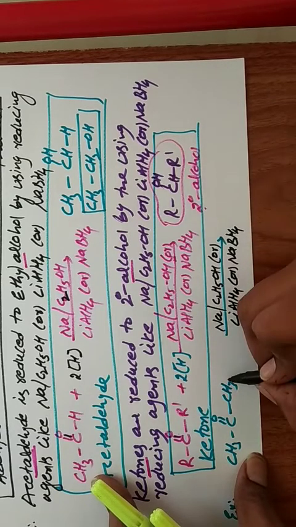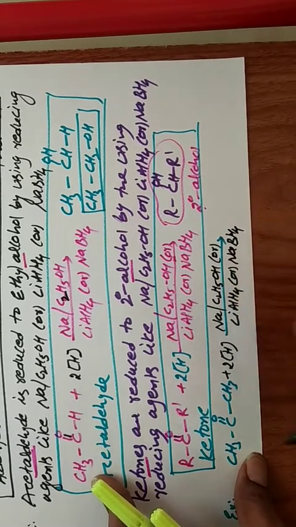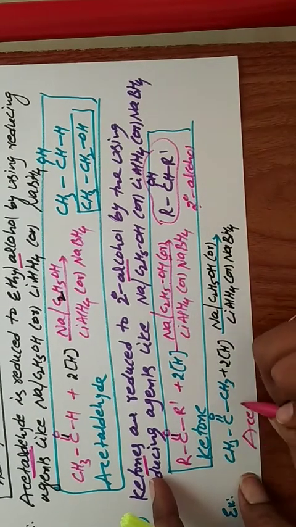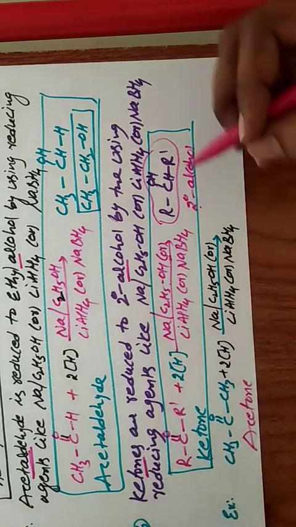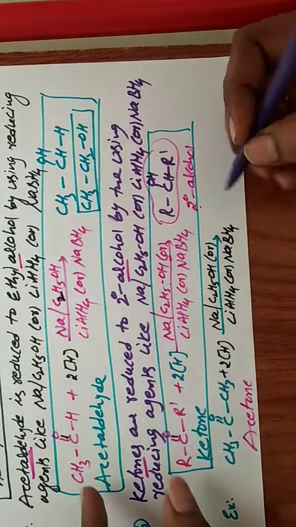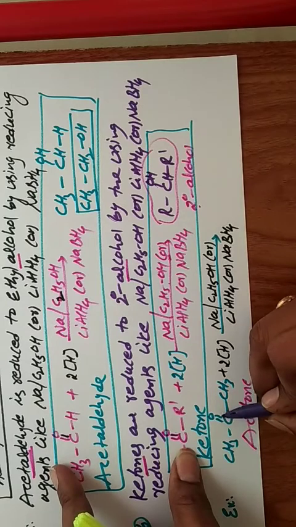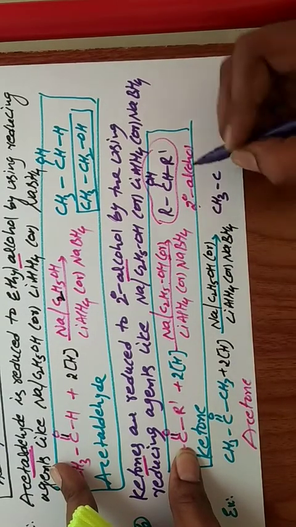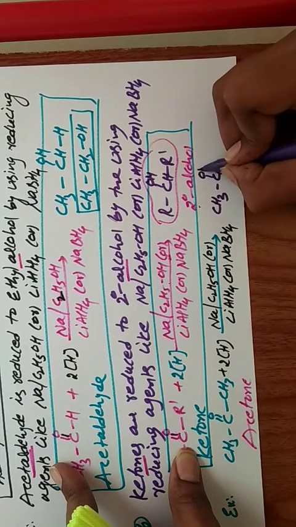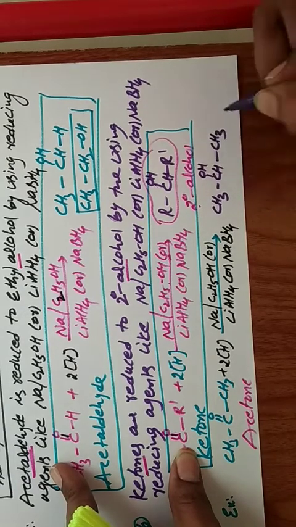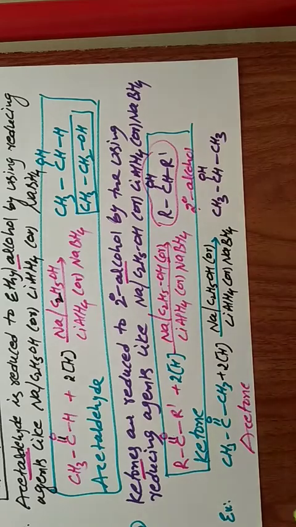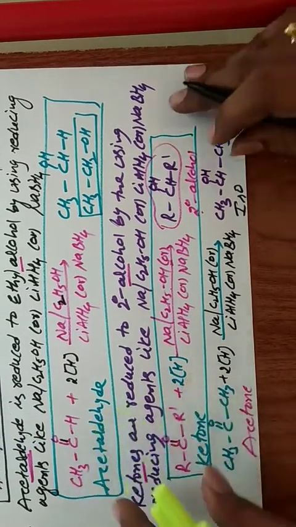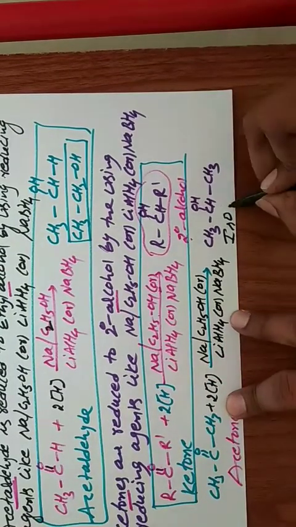So in this case, this one is acetone. We are using CH3, the pi bond will be removed, CH–OH–CH3. This is isopropyl alcohol. What is this name? Isopropyl alcohol.